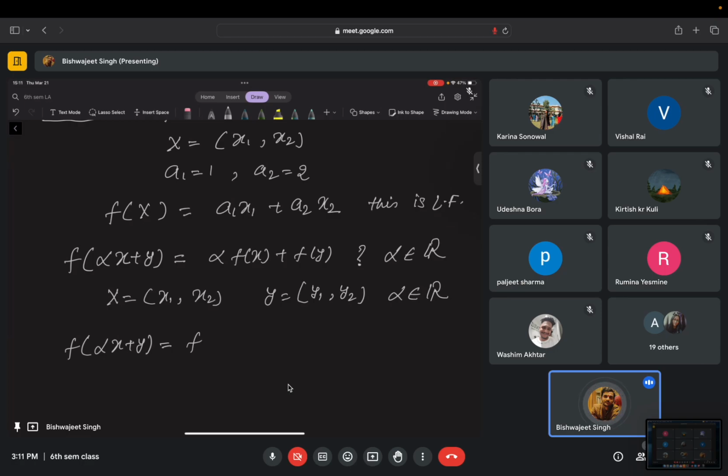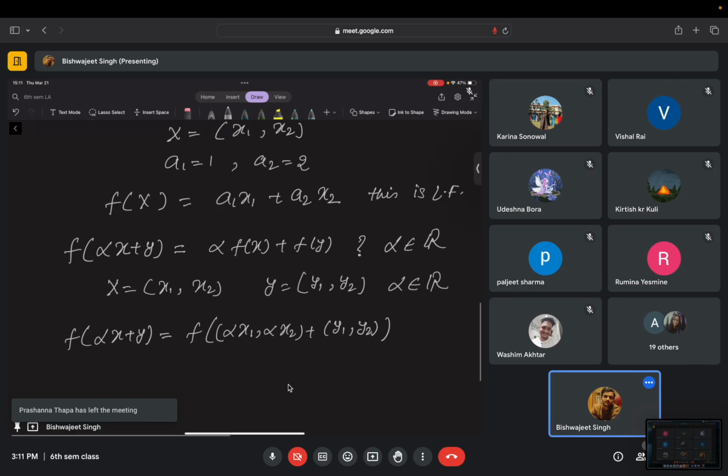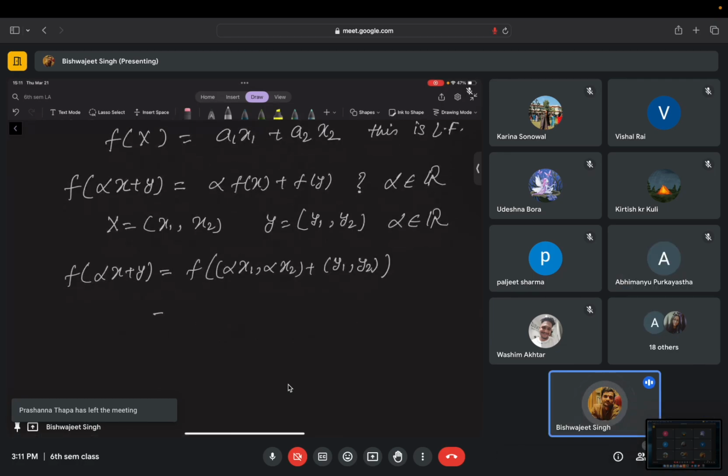This is going to be nothing but alpha x1 comma alpha x2 plus y1 comma y2, right? Now if I simplify it further, I'll get alpha x1 plus y1 comma alpha x2 plus y2.